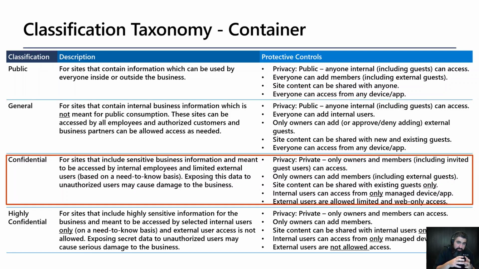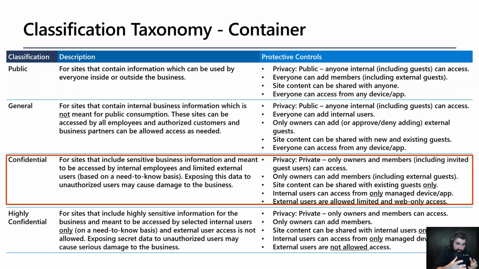The third container category is for confidential information. We have similar restrictions as well, following from the general one. Only this time the privacy setting for this site is private. So users can only be added by invitation, and only admins or owners can add members. External users are allowed to access this sort of site, but only through a web browser.